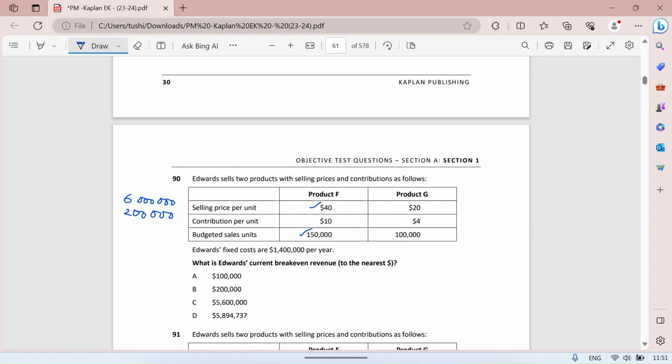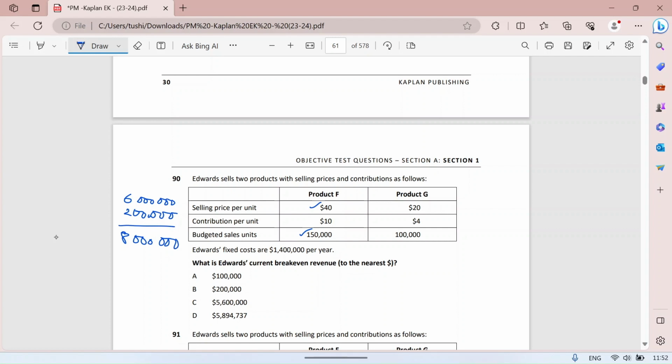Now if I total all of these up, I will have $8 million. And if I find out my contribution in the same way, it will be 1.5 million plus 0.4 million. So the total contribution will give you 1,900,000.